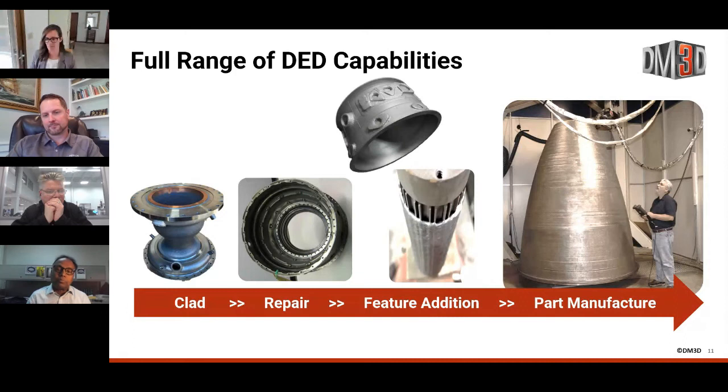And for some of our other projects, we're working on this kind of repair as part of the process completion itself. So if you detect a defect, you have the ability to go back and fix this. And DED is an ideal process for that.